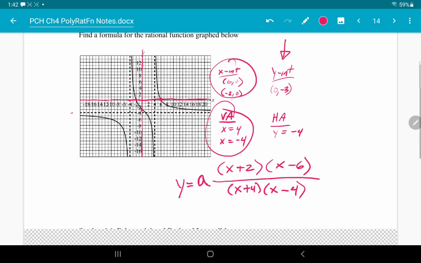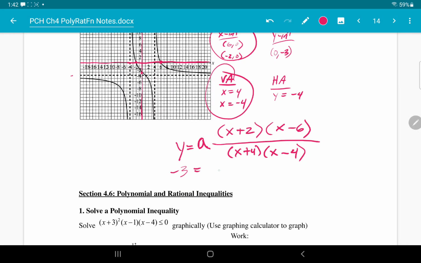So if y is -3 when x is 0, then we'll get a times 2 times -6 over 4 times -4. That is the same thing as -3 equals -12 over -16a, so those are all positives, right? And then when we solve for a, a is basically a value of -4.